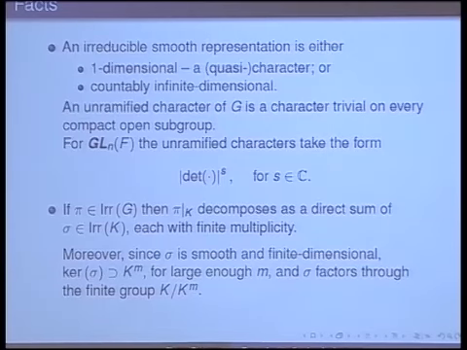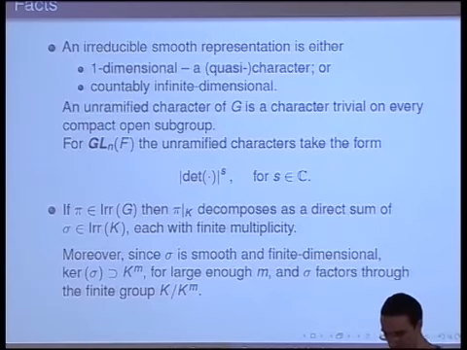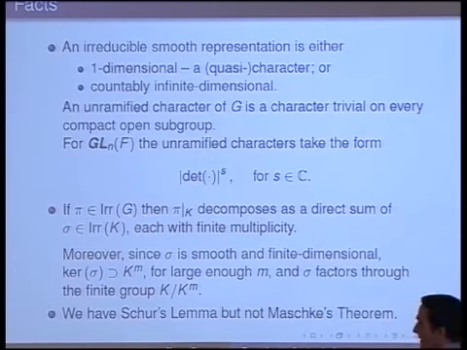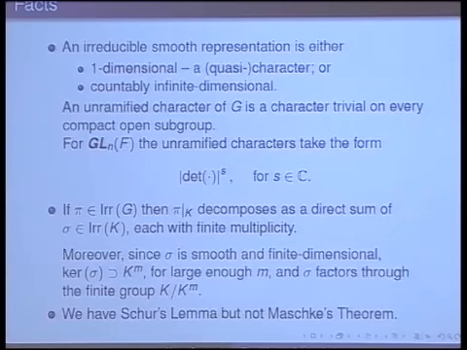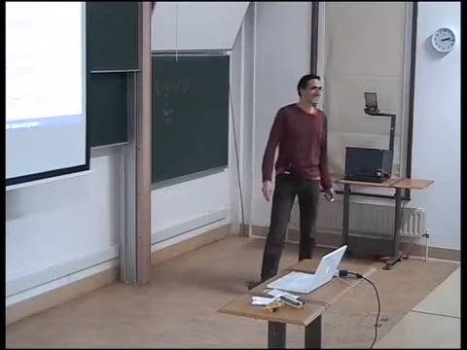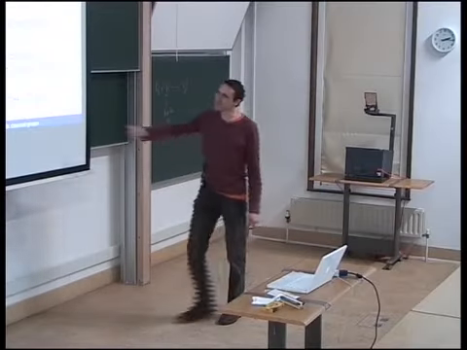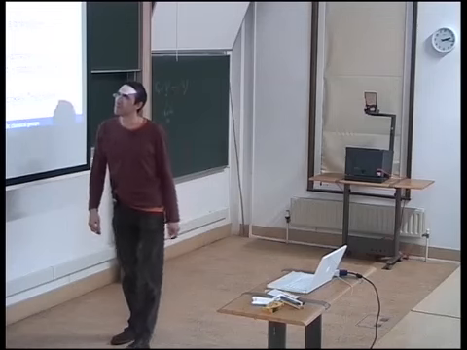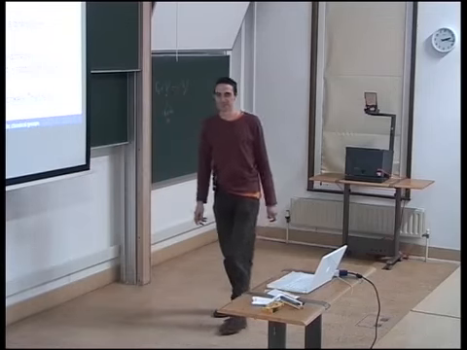Schur's lemma still works, which is nice, but of course Maschke's theorem won't, and in a sense if it did, then the theory wouldn't be very interesting maybe. Of course it does when you restrict to compact subgroups, but not for the whole group itself.